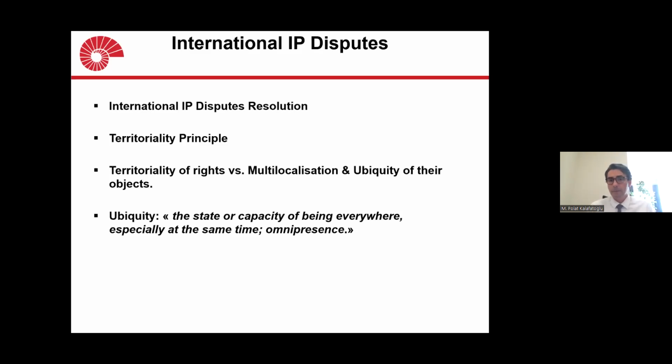IP rights are governed by the territoriality principle, which means that IP rights in principle have legal effects only within the state of protection or the state of registration. So that's the territoriality principle. Of course, we have some exceptions to this principle in IP law. The territoriality principle gives you either a national or regional protection for your IP right.